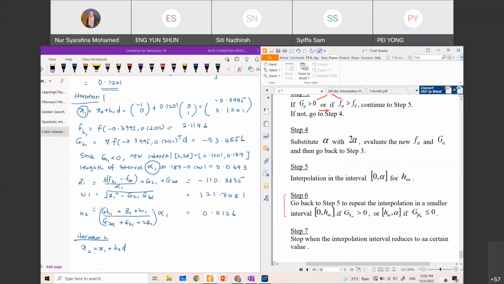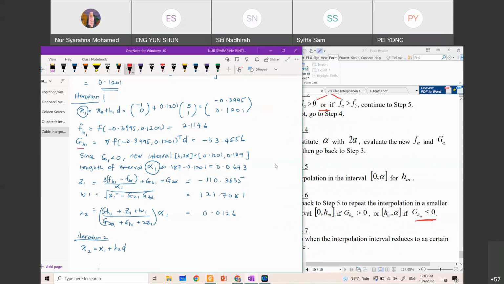Or if GHM is less than 0, your interval is HM to alpha. So for this case, you check your GH1, right? GH1 is minus 53, which is less than 0. So your new interval is H2 to alpha, because this one is less than 0. Okay, then your new interval here is H2 alpha.